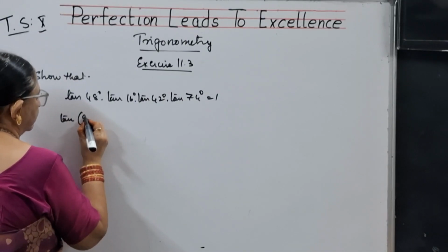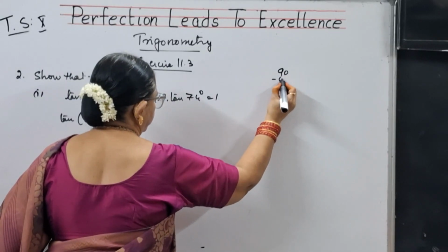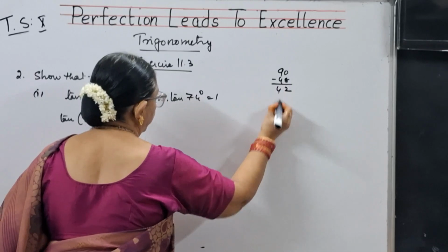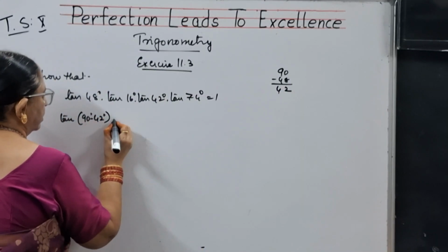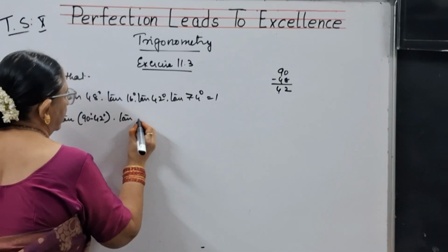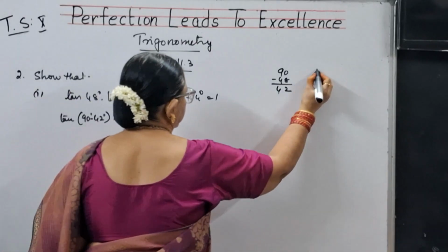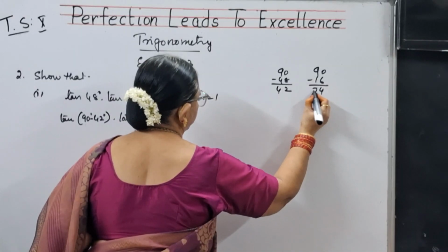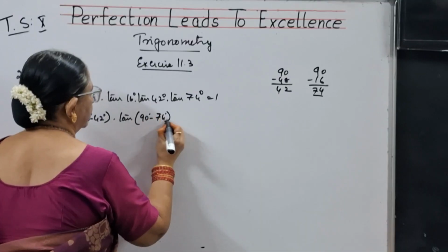So let us take tan 48 degrees. Tan 48 degrees can be written as tan 90 minus 48, that is 42. So tan 90 minus 42 degrees. Tan 16 degrees can be written as tan 90 minus 16, you are getting 74, so tan 74 degrees.